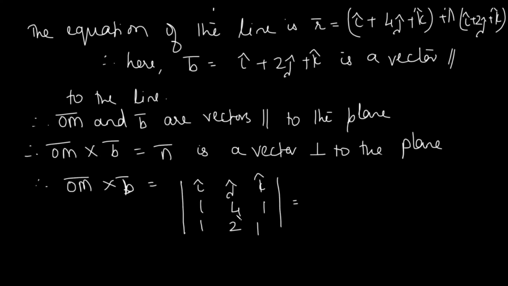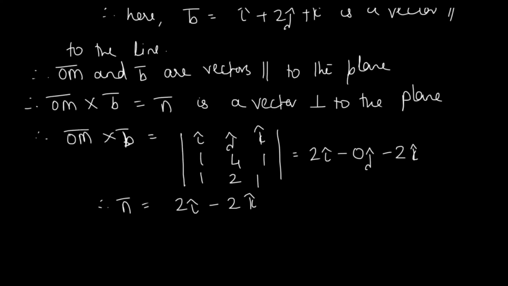Solving this we get (4 - 2) that is 2i, minus (1 - 1) that is 0j, plus (2 - 4) that is -2k. So OM cross B bar, that is N bar, the normal to the plane, becomes 2i - 2k.